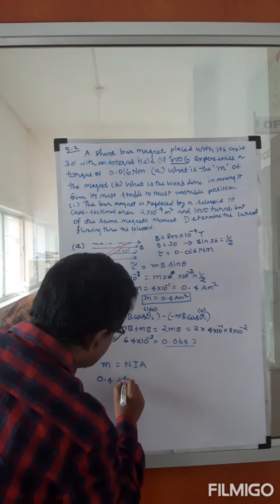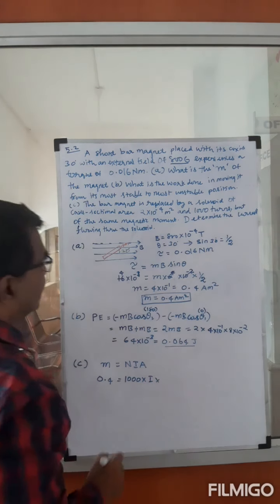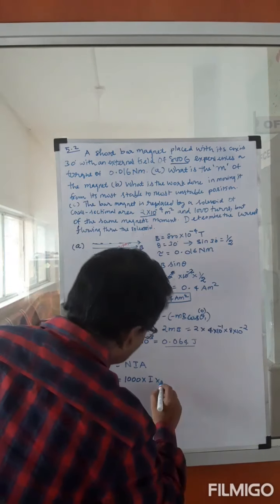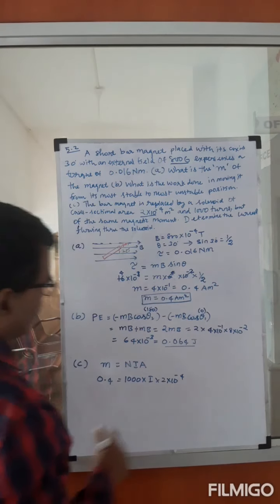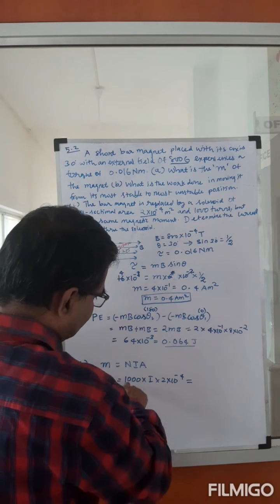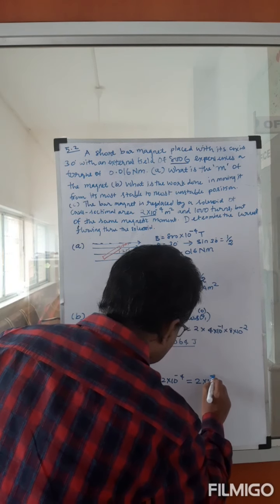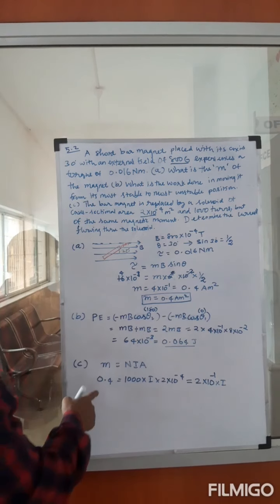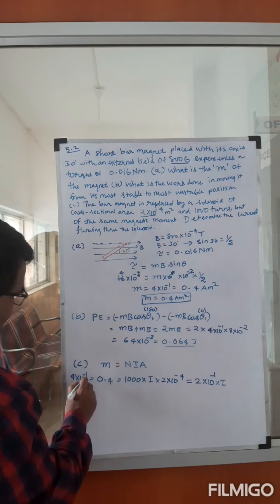This is the M of the bar magnet, and that is equal to the magnetic moment of this solenoid. So this is equal to N, which is 1000 turns now, I, we have no idea, and the area is given to be 2 into 10 power minus 4 meters square. I can write this as 10 power 3 and 10 power minus 4, so I will write this as 2 into 10 power minus 1 into I. And this can be written as 4 into 10 power minus 1.